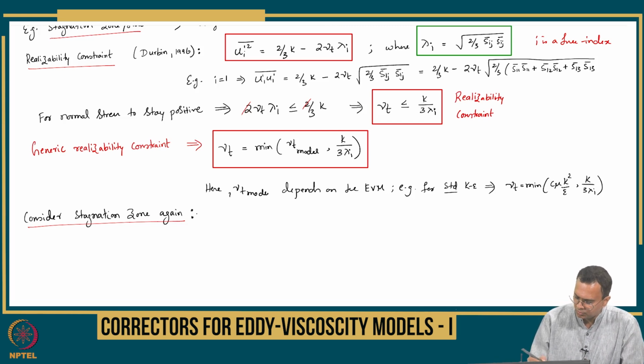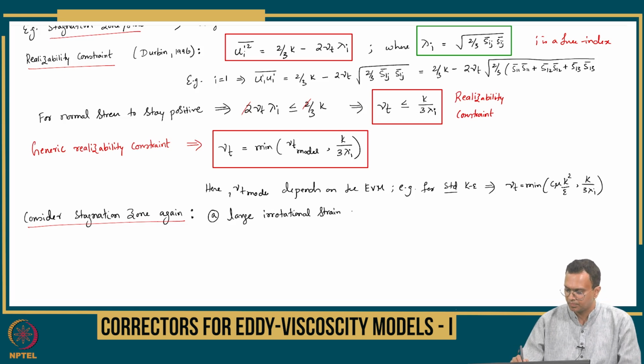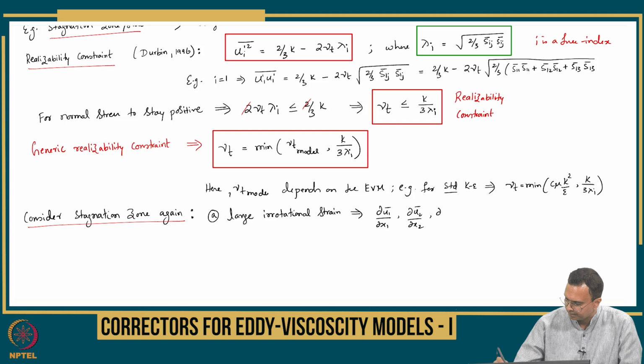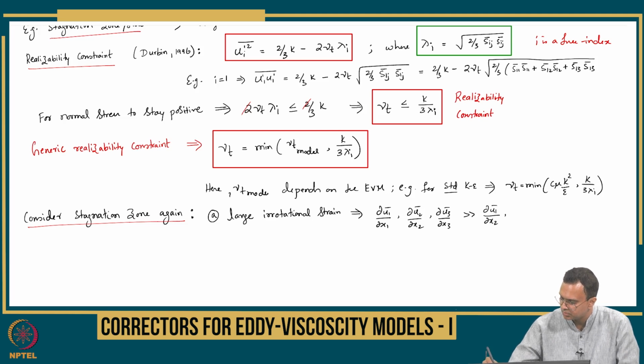So this type of flow is characterized by, first thing, you will have large irrotational strain, which implies your dou u1 bar by dou x1, dou u2 bar by dou x2, dou u3 bar by dou x3, these three, the irrotational strain, are much larger than your rotational strain components, which are dou u1 bar by dou x2, dou u2 bar by dou x3, dou u3 bar by dou x1 and so on.